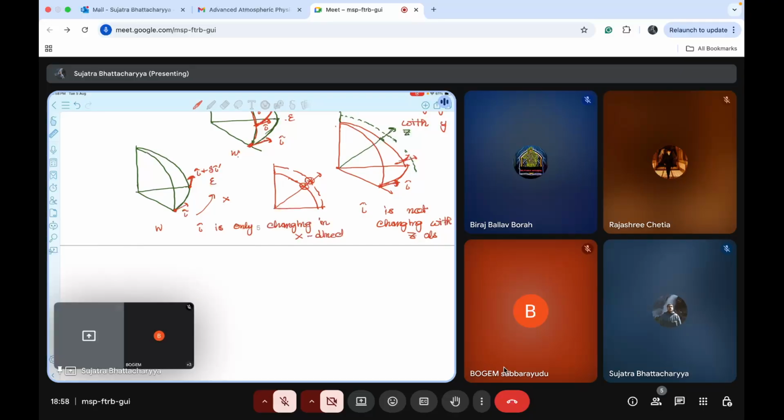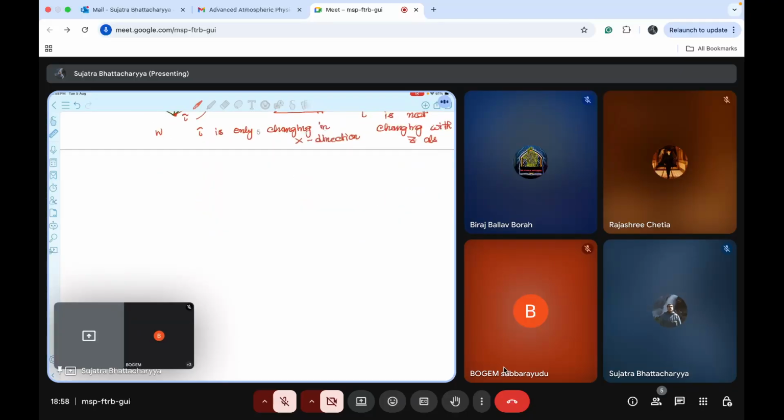Okay, this is important. I hat is only changing in the x direction. So let us see how we can make the coordinate transformation for I hat. Okay, so let us see how to write the I hat. So dI hat by dt can be written as u delta I hat by delta x, because your delta I hat by delta t is gone.